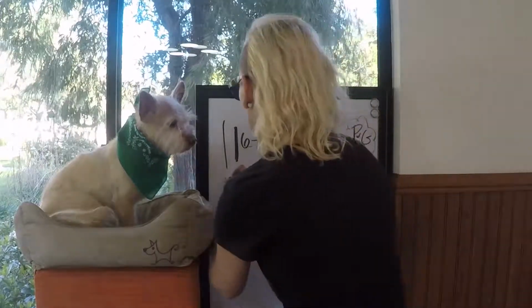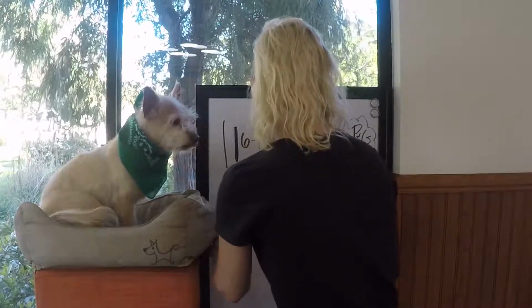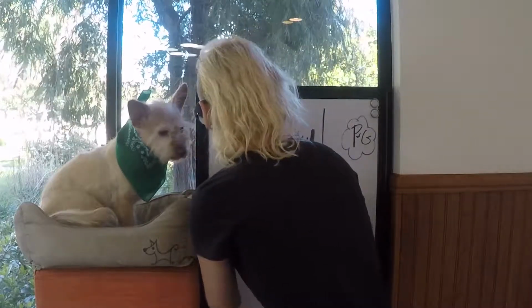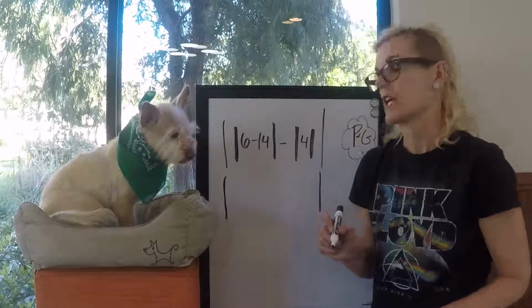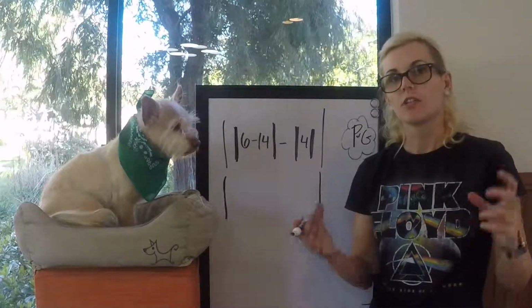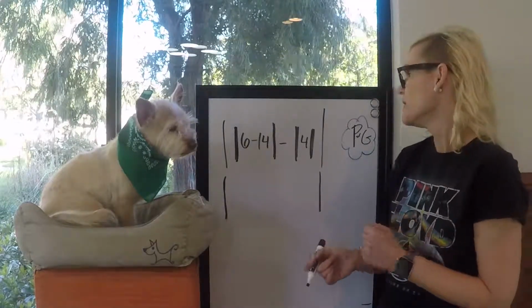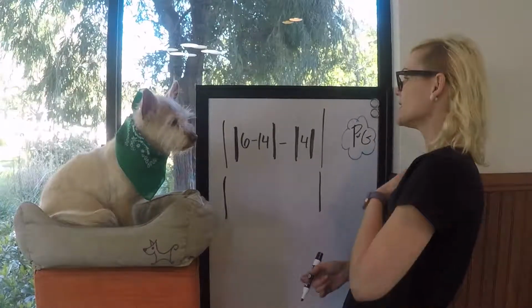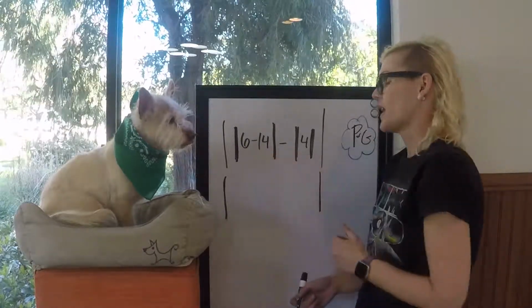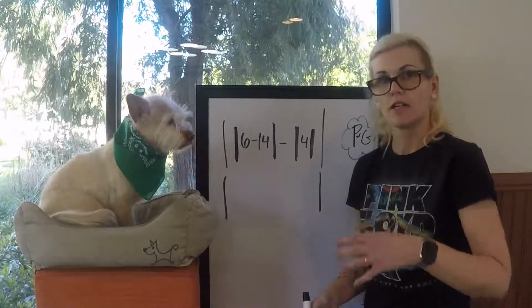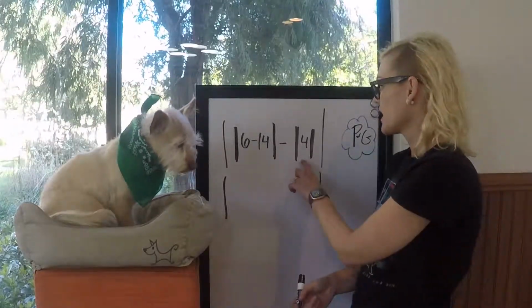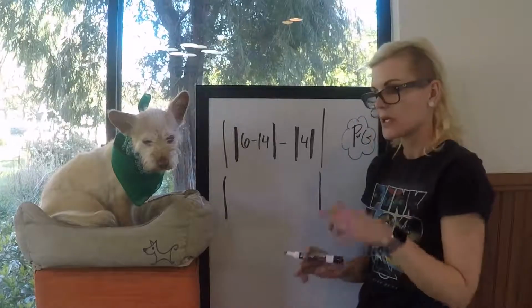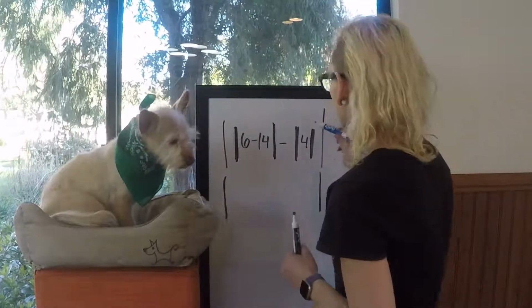So these outside absolute value bars, we're not going to do anything with them first. I have to keep them. They're like the cookies. I can't touch them yet. What I can do is deal with what's on the inside. The only absolute value that I can touch right now is this one right here, because there's one number inside it.